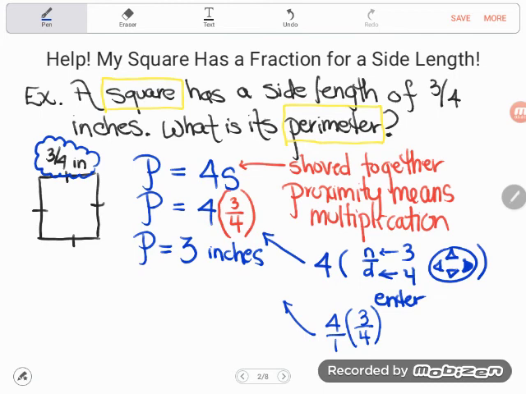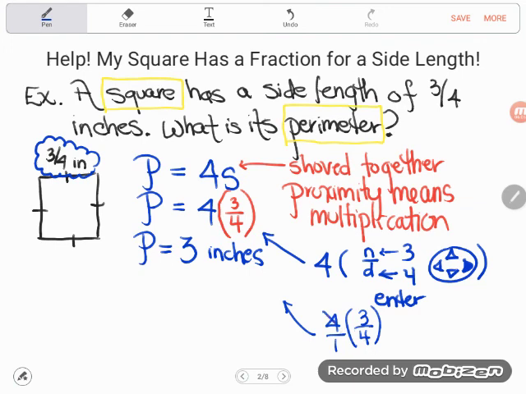And a lovely, lovely thing that happens when we're multiplying fractions is that if we have numbers with a common factor, they cancel. Let me be clear. If we have fractions that have a common factor in the numerator up top and the denominator on the bottom, they cancel. So I see that here. I see a 4 up top and a 4 on the bottom.